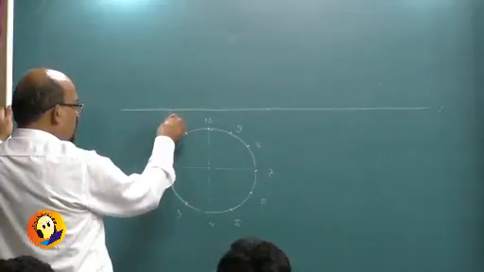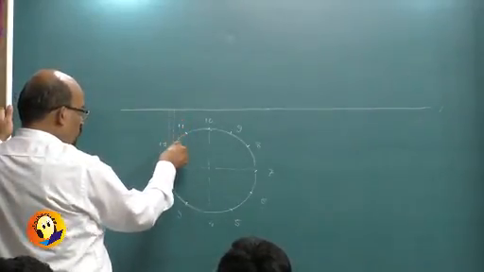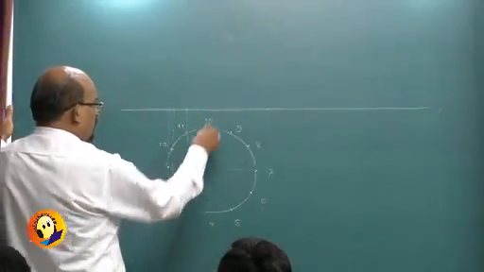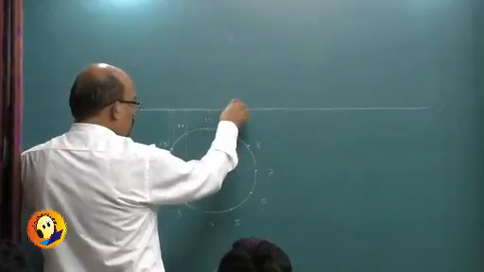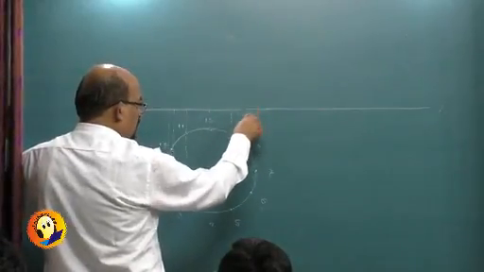And of course, initially the lamina is resting in HP. So all these points will be on XY. I am not numbering them on XY because that will be very crowded.